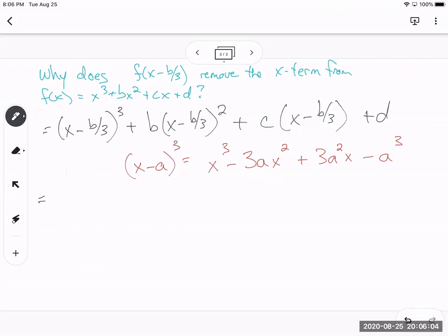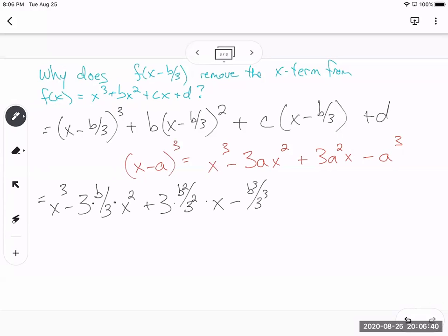So I have x cubed minus 3 times the a term, which is b over 3, times x squared, plus 3 times the a term squared, so that would be b squared over 3 squared, times x, minus the a term cubed, b cubed over 3 cubed.